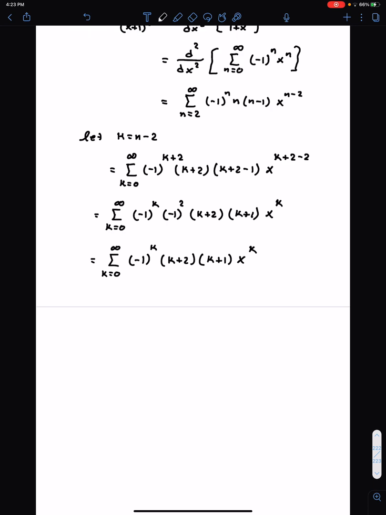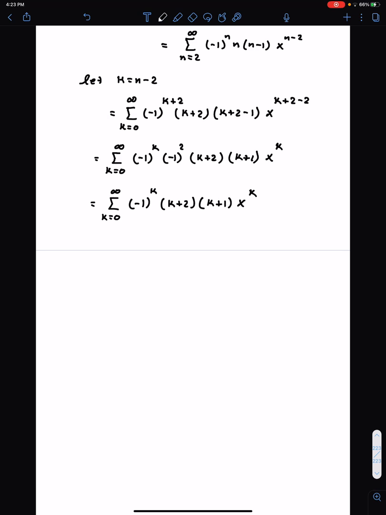Given that same power series, find a power series for the function arctangent of x centered at 0.